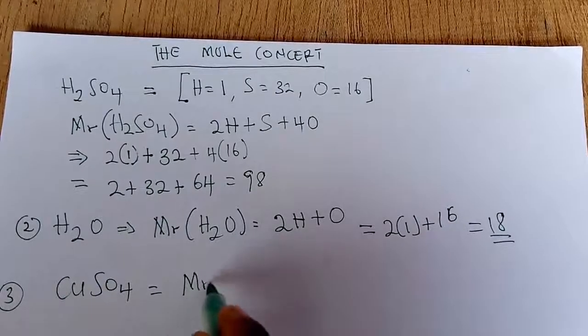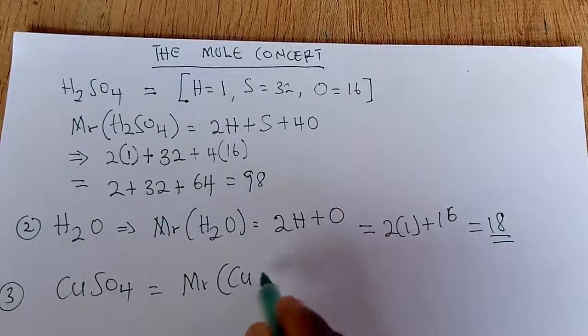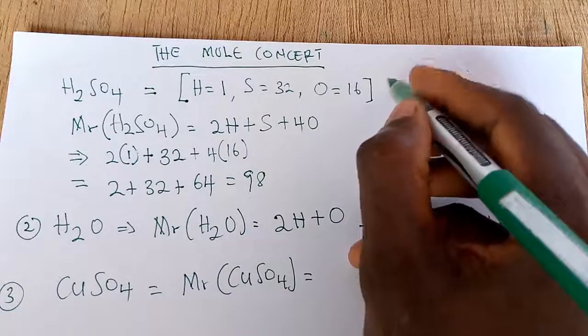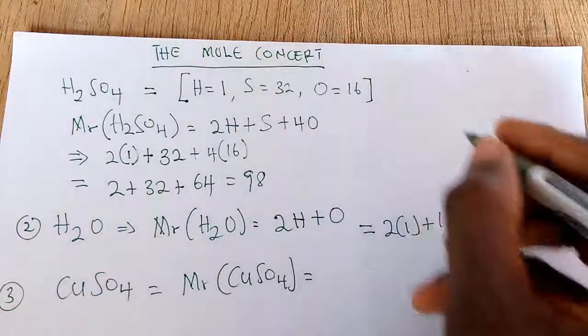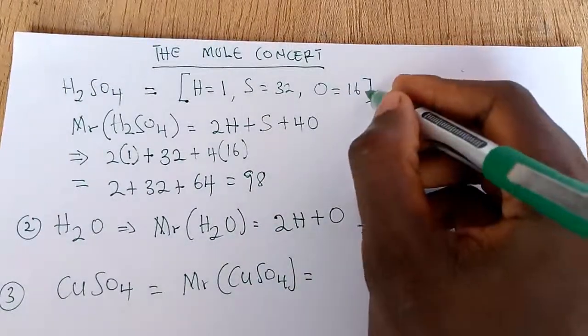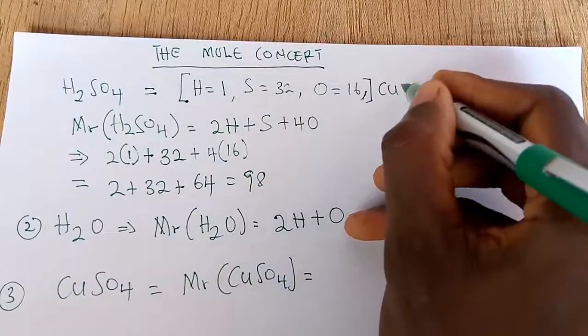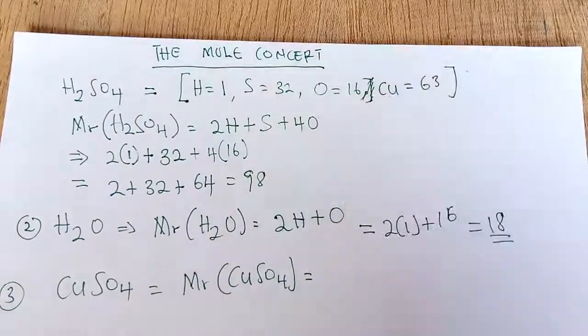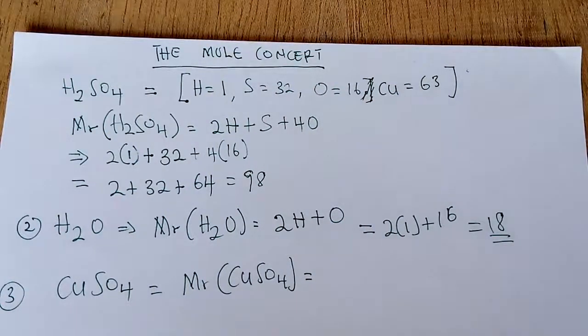Let's write the relative molecular mass of copper sulfate equal to, and then one thing, copper itself has a relative atomic mass of 63. So let me just add it here, and then copper is equal to 63.